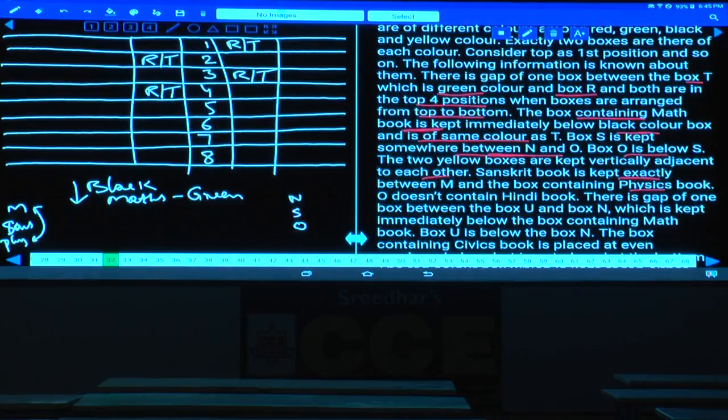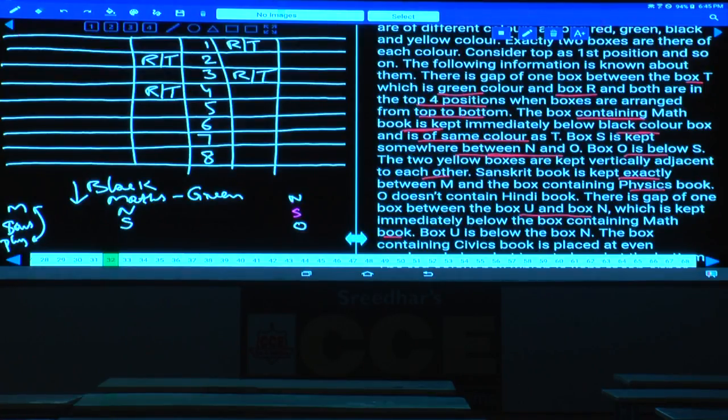There is a gap of 1 box between U and N. N is kept immediately below the box containing the math book. N is immediately below the math box. As maths is already here, N will be here. If N is here, S will be here.